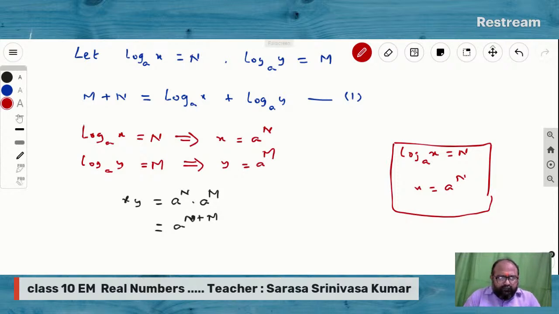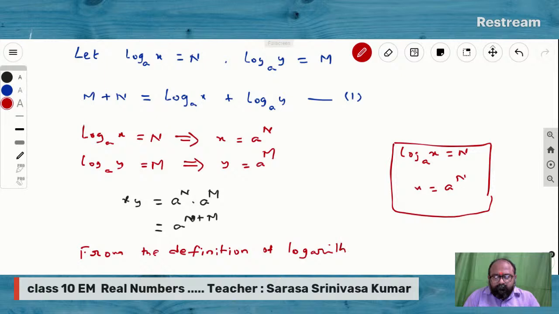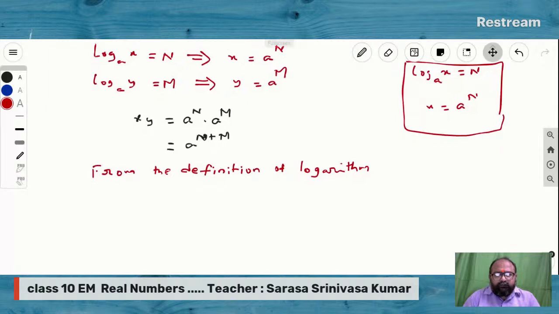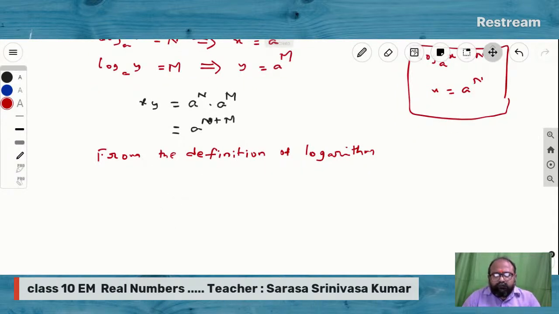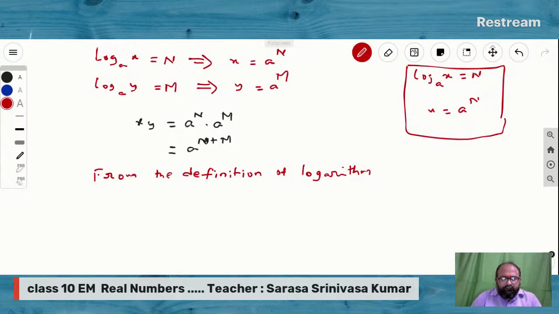So, from the definition of logarithm, we can write log of xy to the base a equal to n plus m.